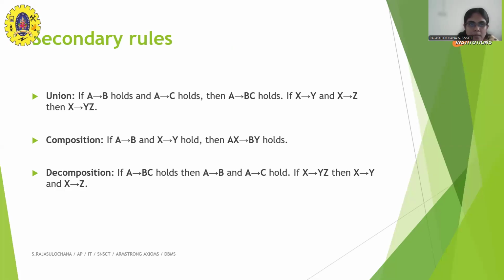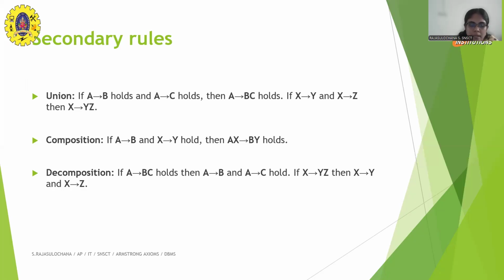So the attribute on the left-hand side is called as the determinant attribute, and the attribute on the right-hand side is called as dependent attribute. Since the determinant attribute is same, we can combine the dependent attributes like A determines BC. So this is also true. So one more example is if X determines Y and X determines Z, we can say that X determines YZ. So this is the union property of Armstrong axiom.